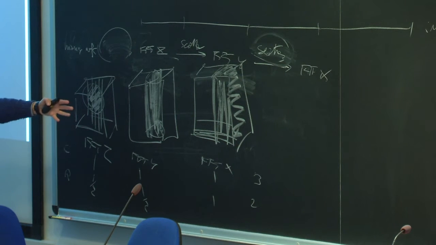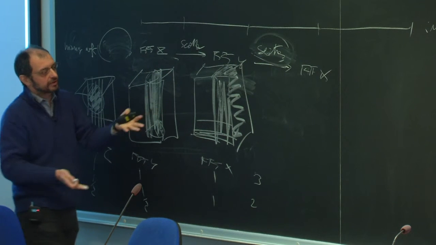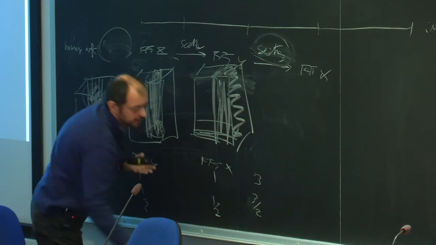So we can take two of these rows, pair them, and Fourier transform them along Y with the same trick. I don't know exactly how, but I'm sure it is possible, with the same trick that allows us to do two FFTs of two wave functions and then disentangle them in real space, taking the real and the imaginary part. The same trick applied to the rows will allow us to do two rows together. And so this is going to be 1/2.